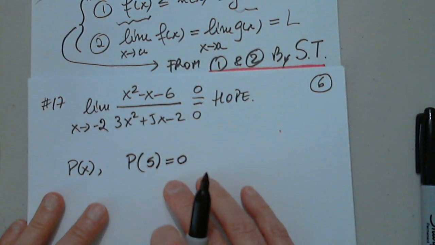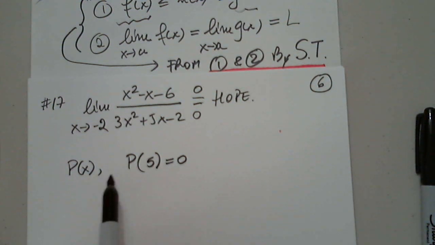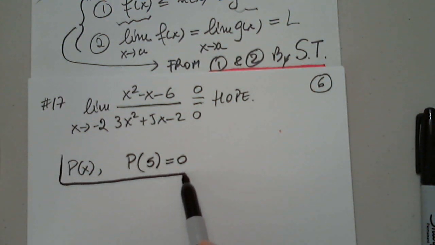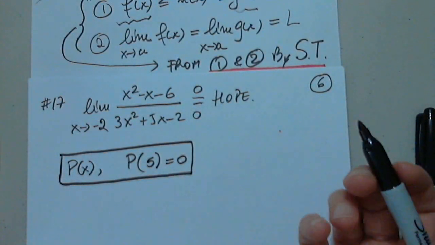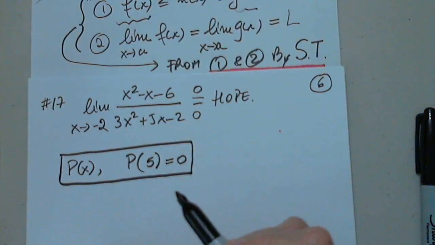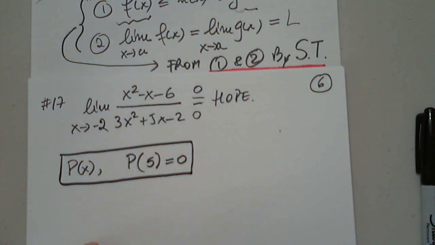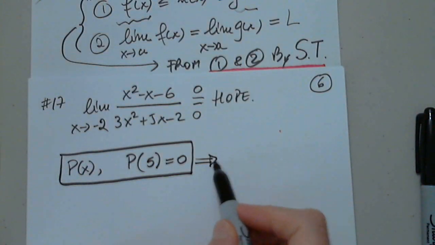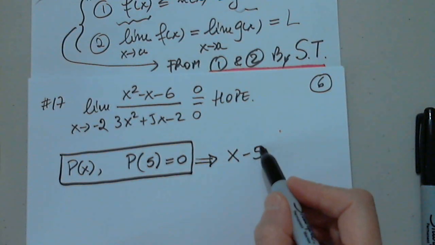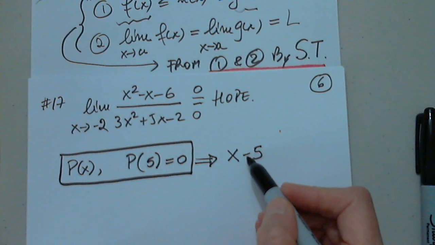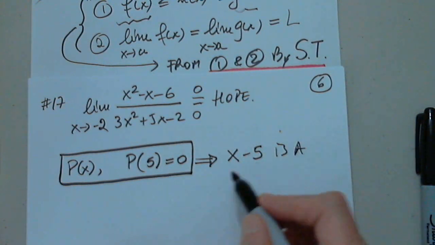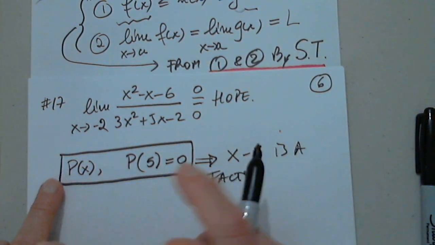What does that mean? It's okay if you don't remember. So this automatically means that x minus 5 is a factor of p of x.